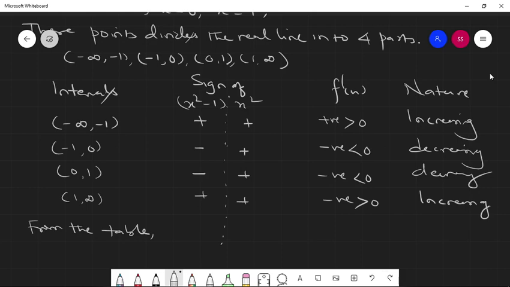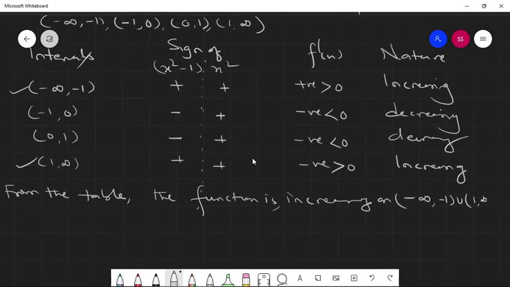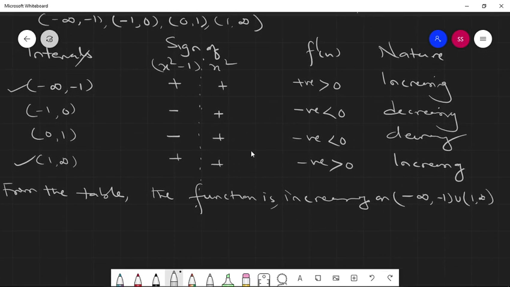From the table, the function is increasing on minus infinity comma minus 1 union 1 comma infinity, and decreasing on minus 1 comma 0 union 0 comma 1.